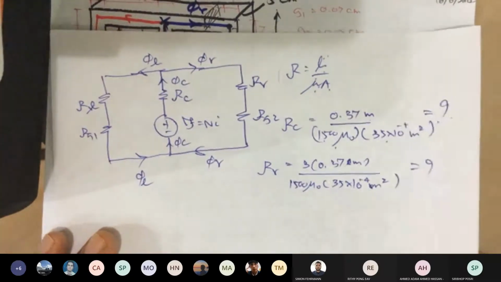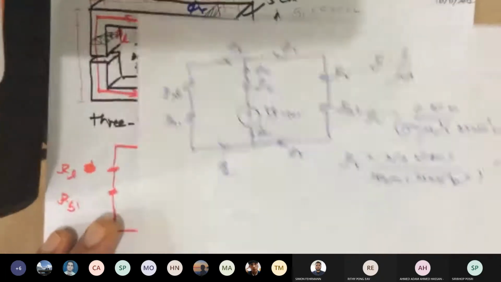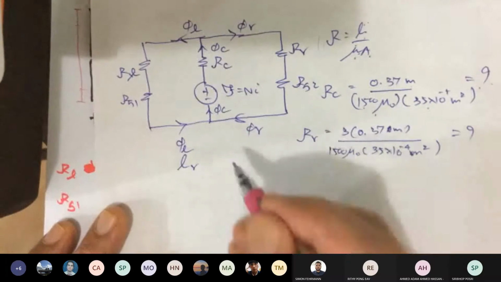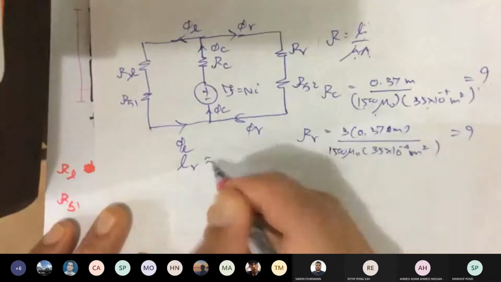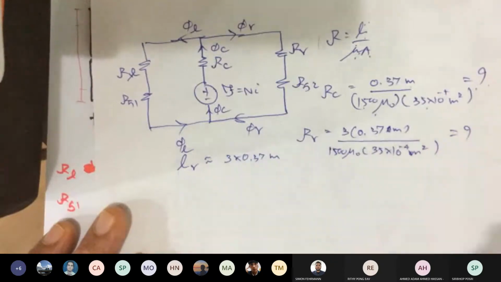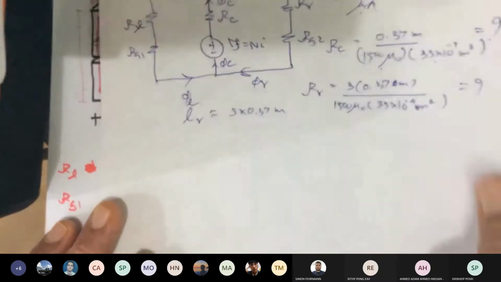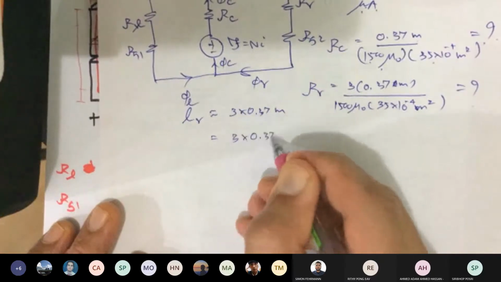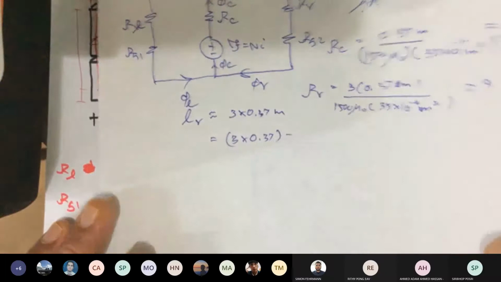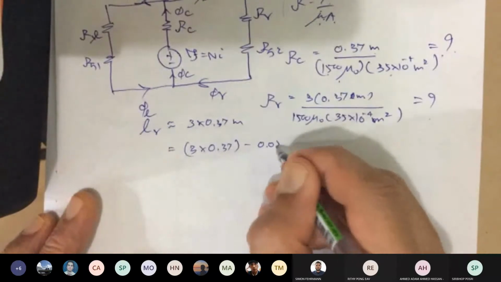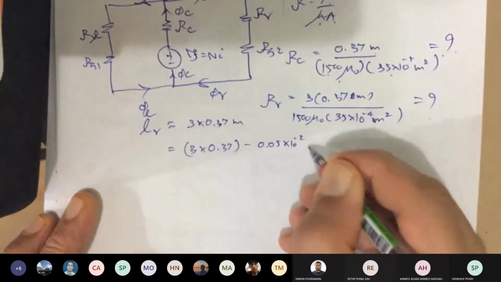Okay. The reason we can do this, notice that what we're saying is that L on the right path is approximately equal to 3 times 0.37 meter. If I don't want to approximate that, I would do 3 times 0.37 minus what is G2, 0.05 centimeter, 0.05 times 10 to the minus 2 meter.